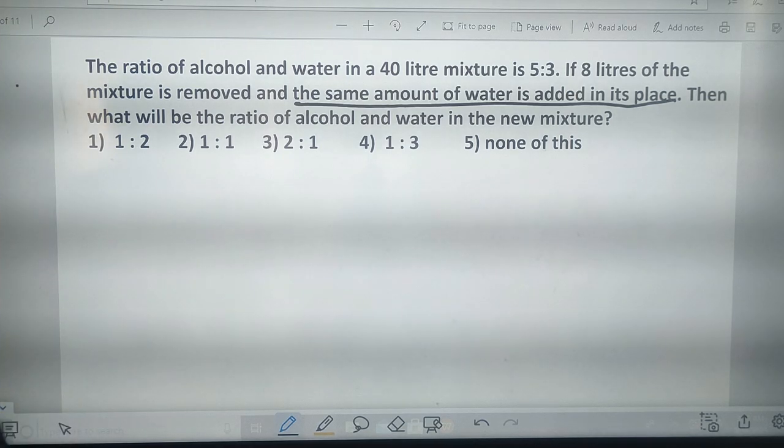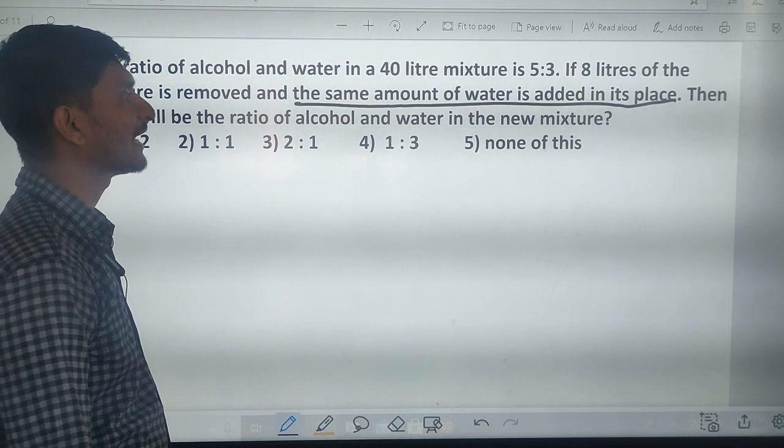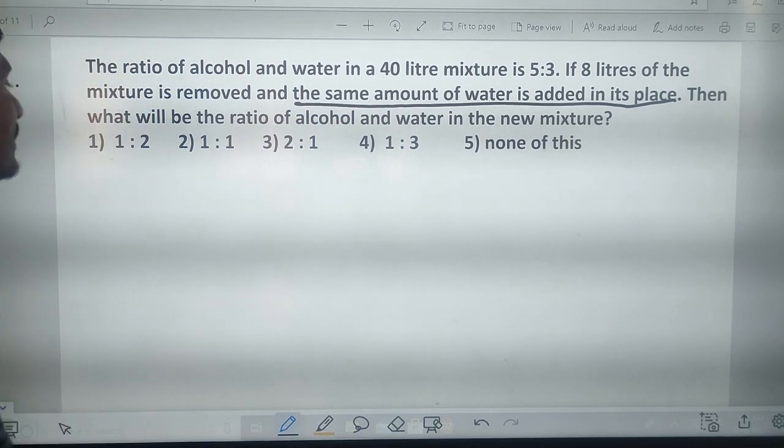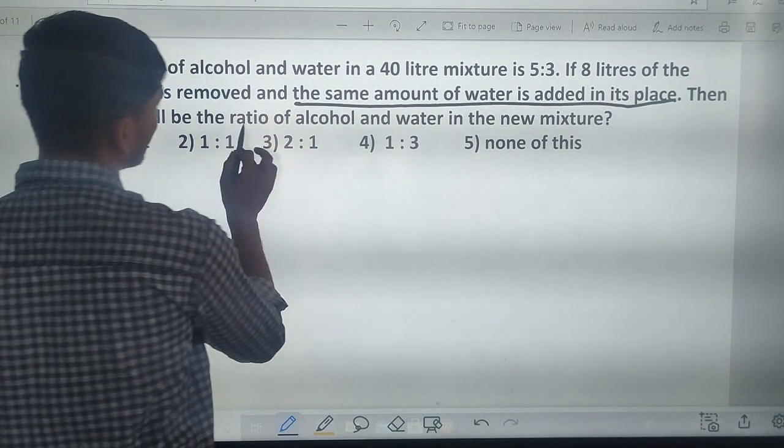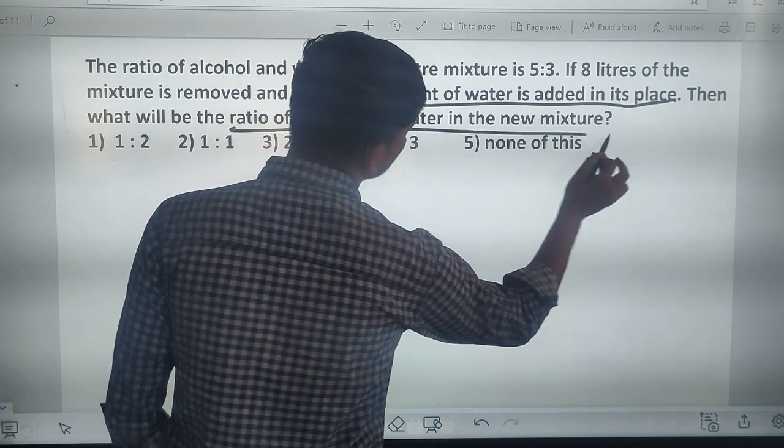Then what will be the ratio of alcohol and water in the new mixture?